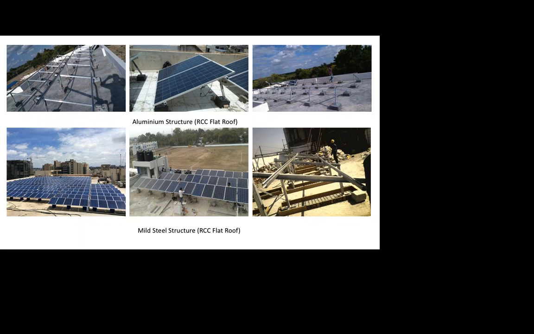Okay, Gurpreet, if you can continue with what you were explaining to us on the services side of the structures. Yeah, as a package, you see aluminium plus ballast versus the MS structures and casting at site.